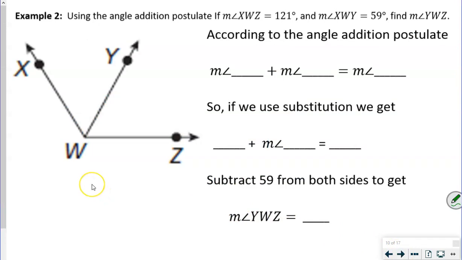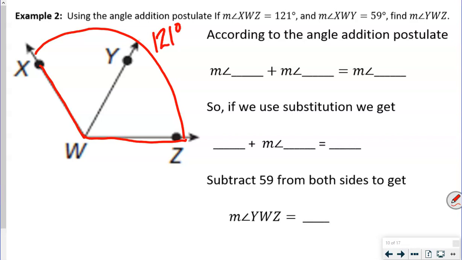Okay, so now it says using the angle addition postulate, if the measure of XWZ, now that's the first thing we got to find. Where's XWZ? That's the whole angle, is 121 degrees. So I'm going to always do it like this with the whole big arc like that. So that tells me that that's the whole angle, 121 degrees. And then it tells me that the measure of XWY is 59 degrees. XWY is this right here. So that says this is 59 degrees.